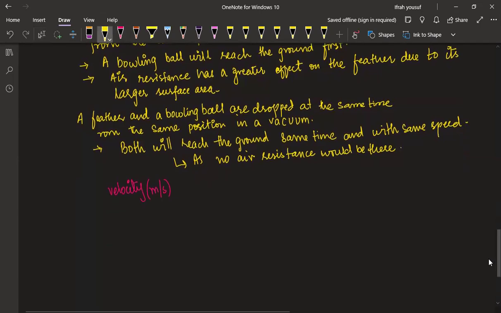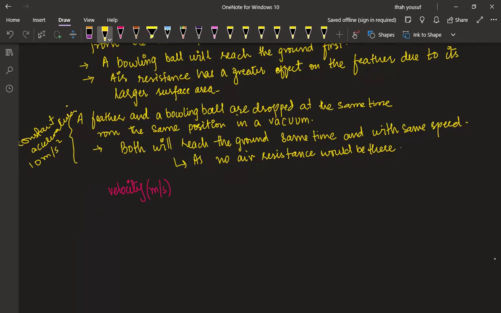Remember, there is constant acceleration, as I have told you: every moment there is an increase of speed, that's why there is 10 meters per second squared. That is the constant acceleration of the body, because only one force acts on it, the force of gravity, which is the weight.